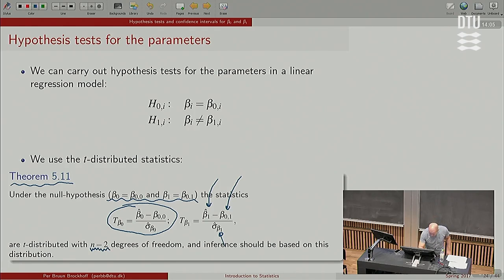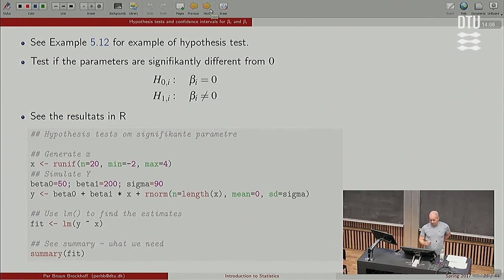The right t-distribution, the one with n minus 2, the 2 comes from the fact that the model now consists of both the slope and the intercept, not just one mean. It's not a proof, but that's how we can see the analogy. And then we can do hypothesis testing.